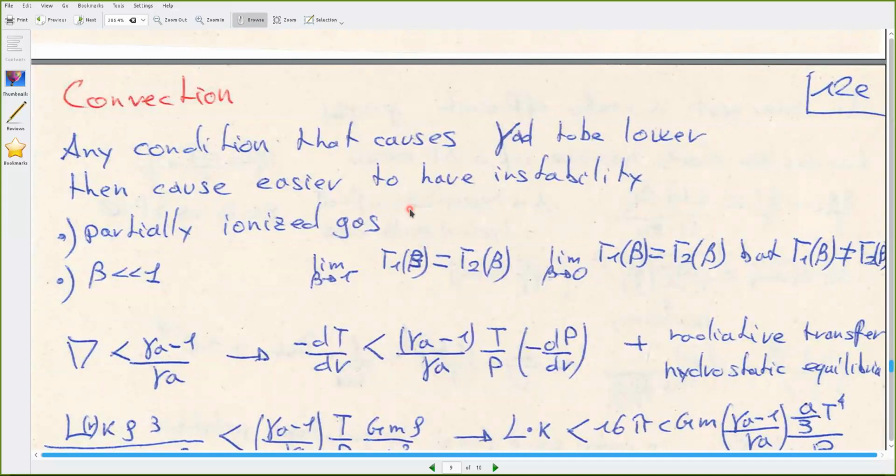As we saw, convection occurs when the temperature gradient is, in absolute value, greater than the temperature gradient due to the adiabatic process.